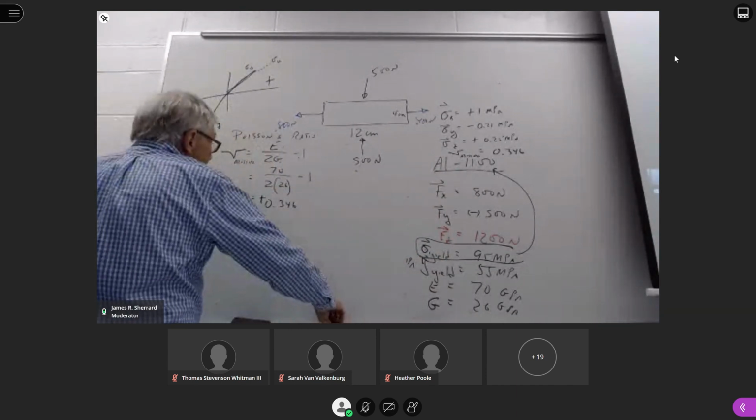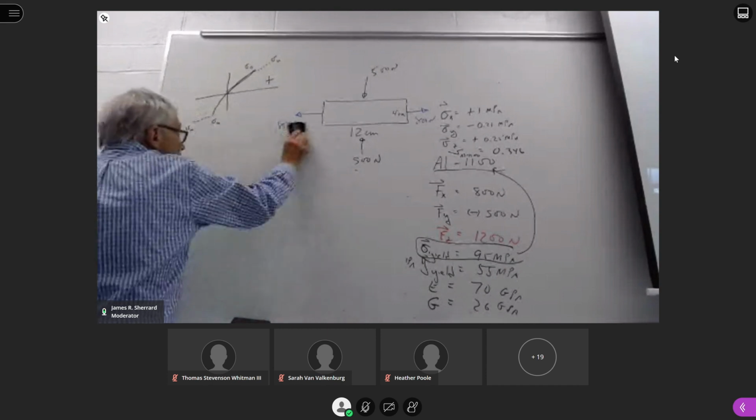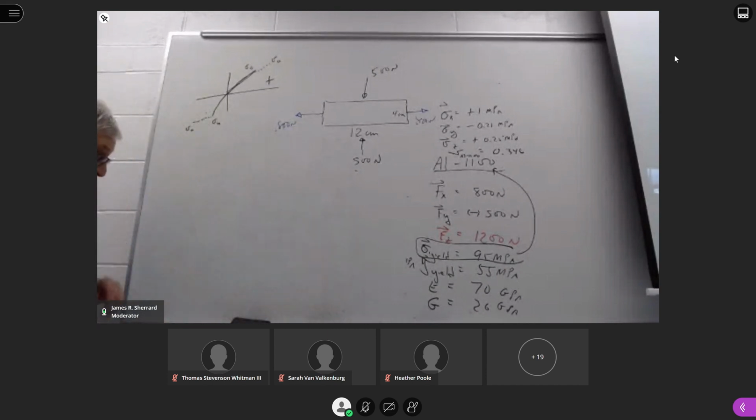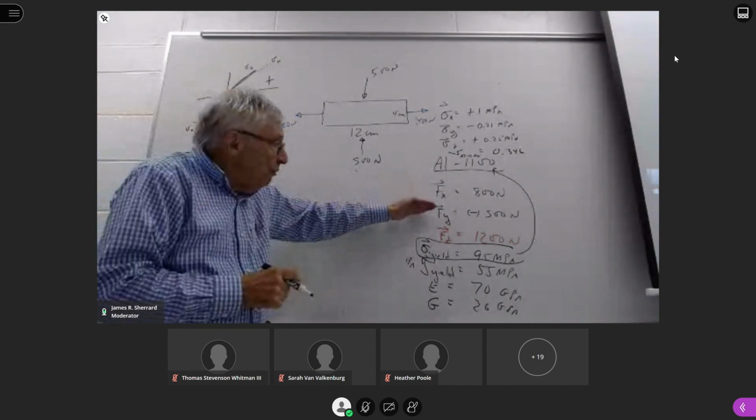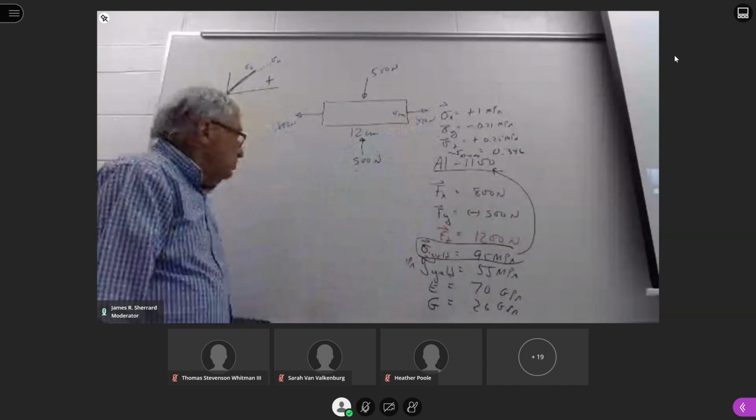Okay. Now we have everything we need to go into that three-dimensional equation. We know that plane stress in the x direction is going to be in fact impacted by the forces and the stresses that they create in each of the three dimensions.